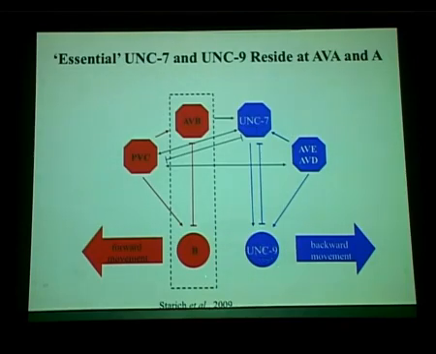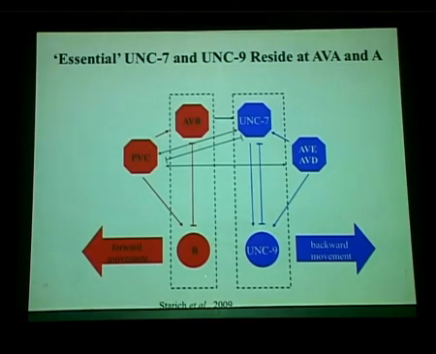And then in the UNC7, UNC9 double loss of function mutant, you need to specifically restore AVA with UNC7 and the A motor neurons with UNC9 to restore the kinker mutant into forward locomotion. So what that suggests is that the gap junction between AVA and A is the predominant functional cause, the defect that causes the animal to be unable to separate A and B motor neuron activity difference.